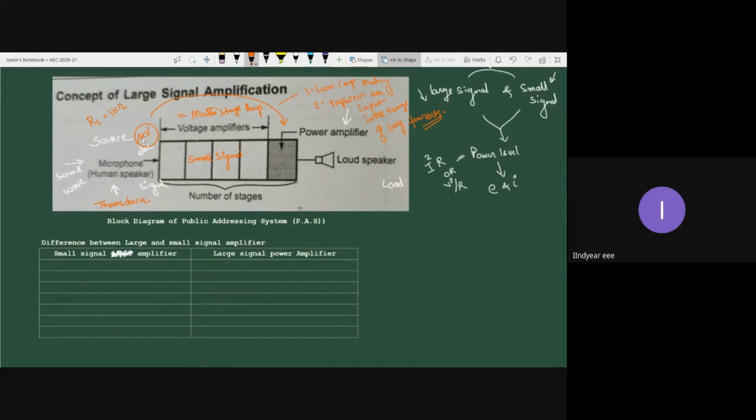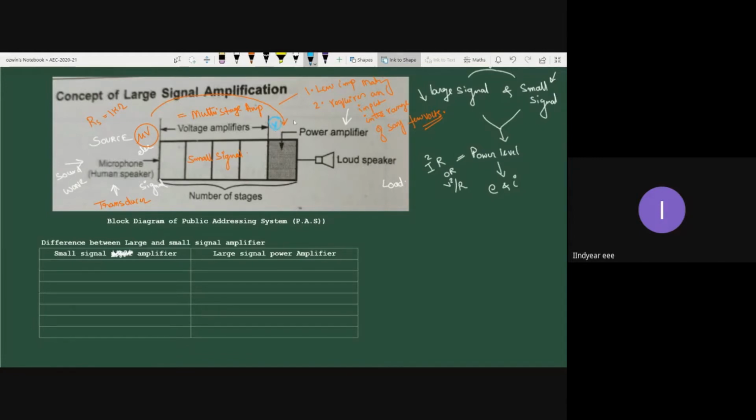This multi-stage amplifier basically converts the input signal, which is in the order of microvolts, to some volts. Now you compare the signal level. The output of this multi-stage amplifier is at the volts level, right?